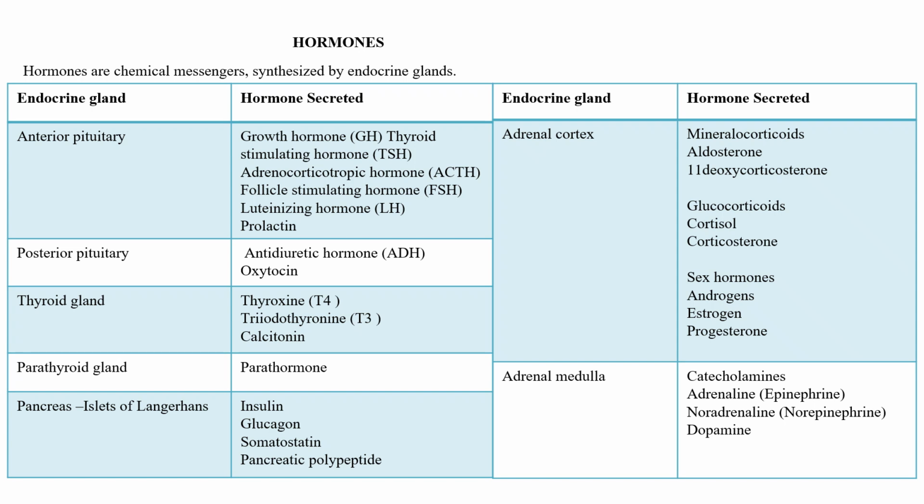The adrenal cortex also produces sex hormones including androgens, progesterone, and estrogen. The adrenal medulla produces catecholamines such as adrenaline, noradrenaline, and dopamine. This table gives us an overall picture of how different endocrine glands produce different hormones and contribute to different body functions.